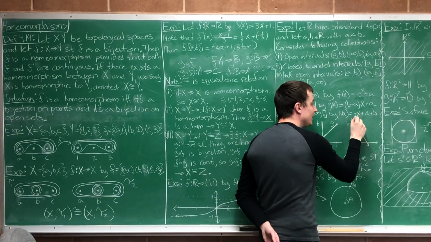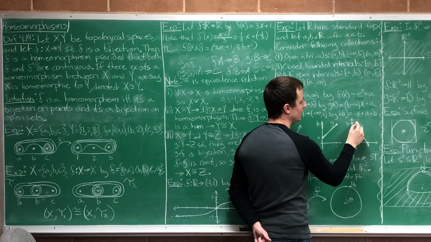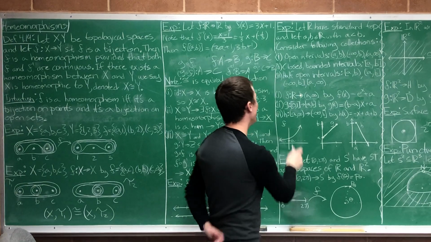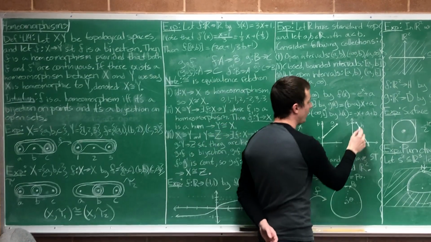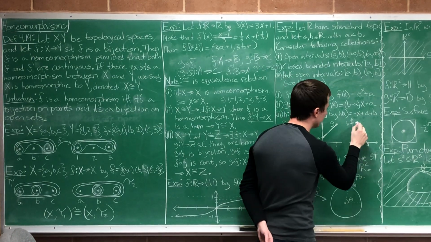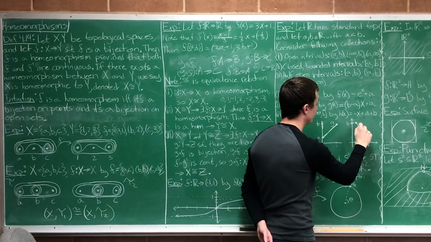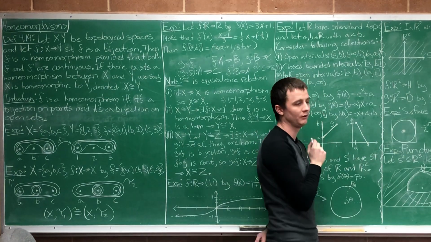So b is the biggest thing I can get out of this function. And for any number bigger than a that I plug in, I'm going to get a number smaller than b that comes out. So this function is going to give us b at the most, and any number less than b we can also get out of this function.